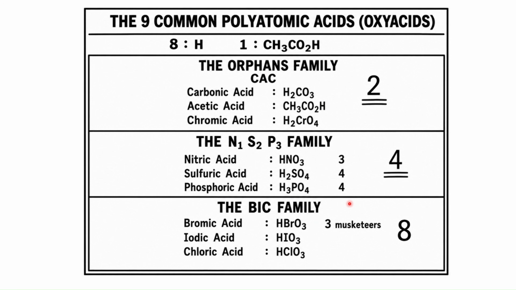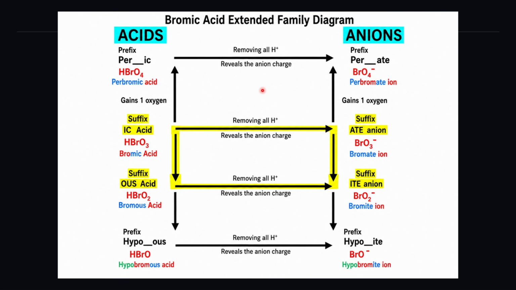Let us move now to the last family, which is the big family. And I'm going to use bromic acid as the example. Remember that this is a family of 8 members. So here we can see bromic acid having 8 family members. And the same thing for iodic and the same thing for chloric acid.